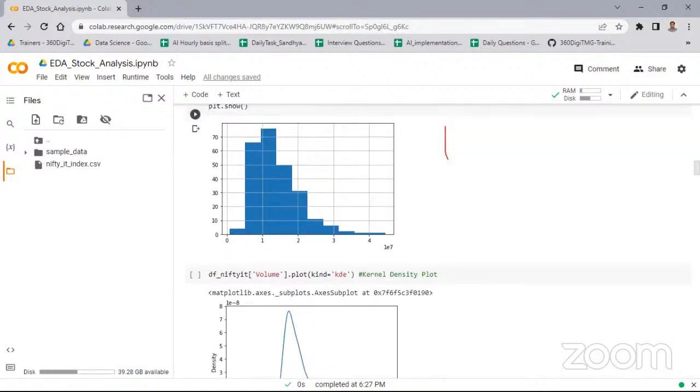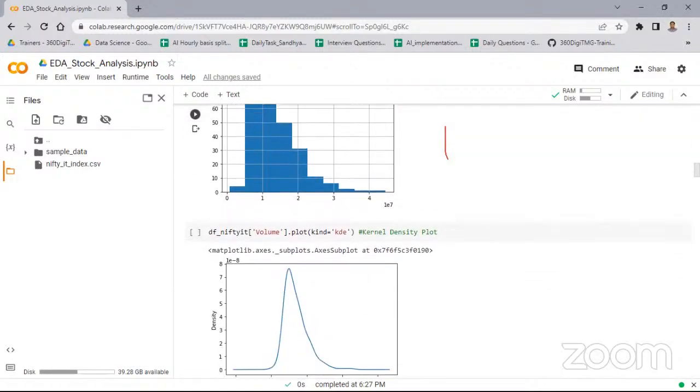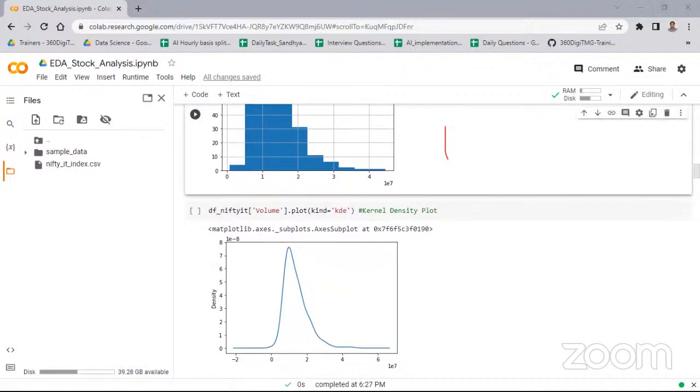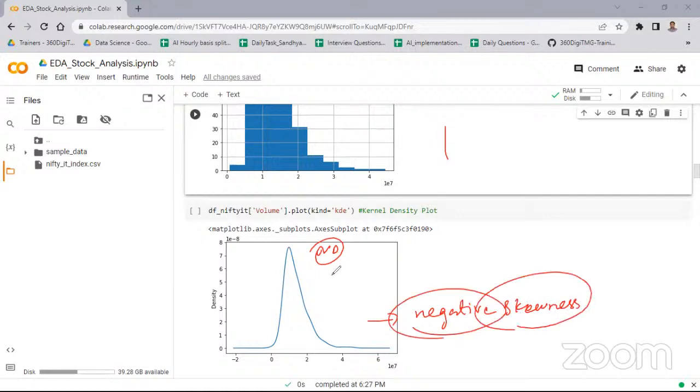So now we just go out and update it, using the kernel density function plot. Here you can see that it is not normally distributed. It has a tail towards the left, which is negative skewness.